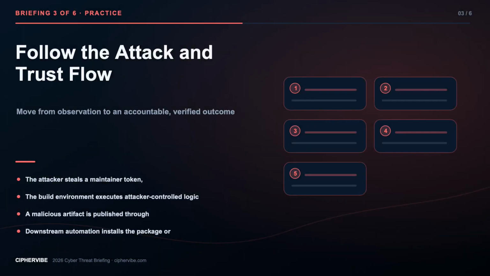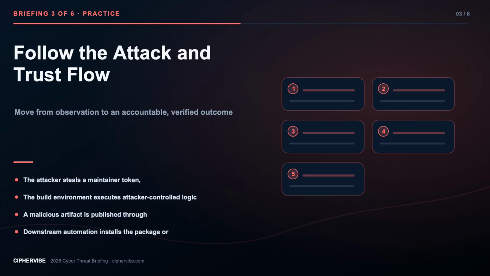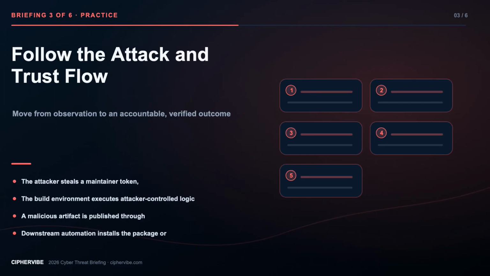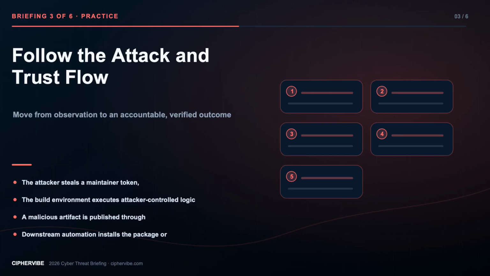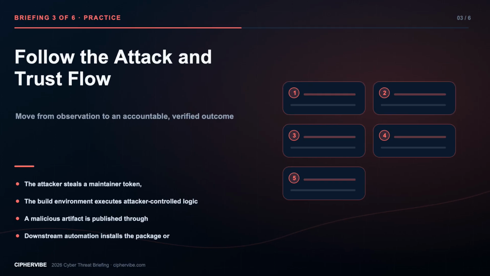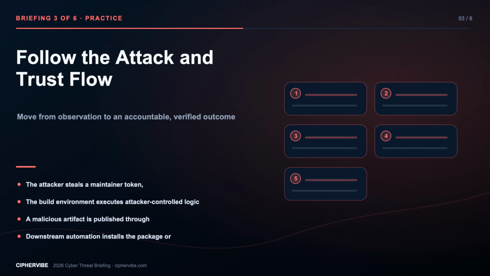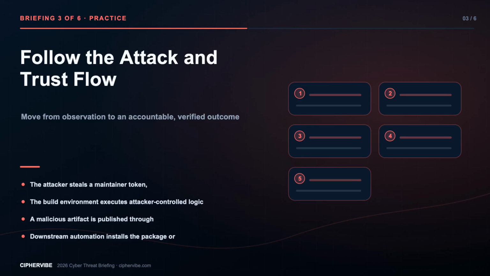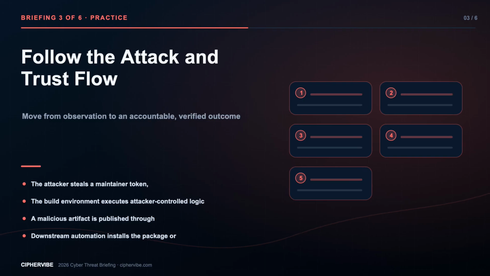Now turn the mental model into a repeatable workflow. First, the attacker steals a maintainer token, compromises a workflow dependency, abuses a pull request trigger, or modifies a release repository. Second, the build environment executes attacker-controlled logic and exposes secrets, cloud credentials, signing material, or package publishing authority.